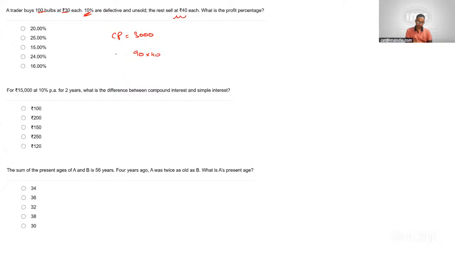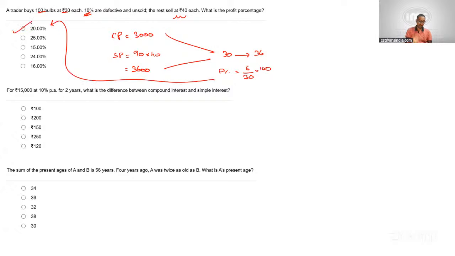So 90 into 40, the selling price happens to be 3,600. Comparing 3,000 and 3,600, the profit percentage is 6 upon 30 as a percent. We know 6 by 30 is 1 by 5, and 1 by 5 as a percentage is 20%. The answer is option 1.